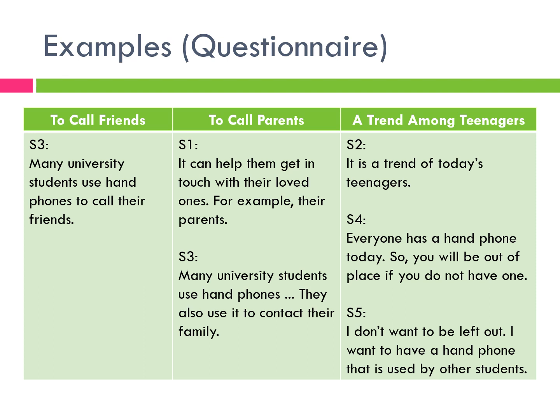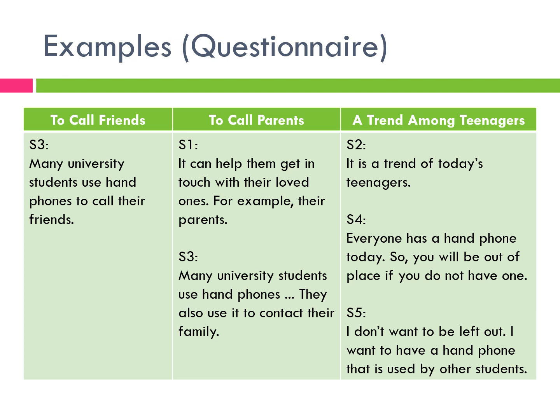Student 4, everyone has a handphone today, so you'll be left out of place if you do not have one. So student 4's response here is not related to category number 1, to call friends, and it is also not related to category number 2, to call parents. So this is under the third category, a trend among teenagers.